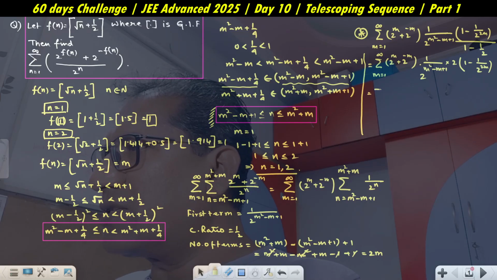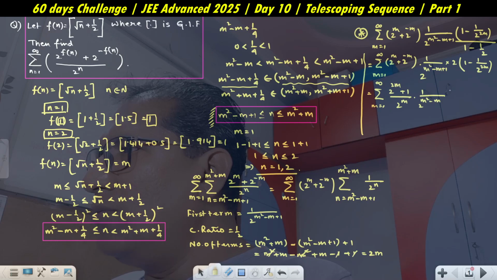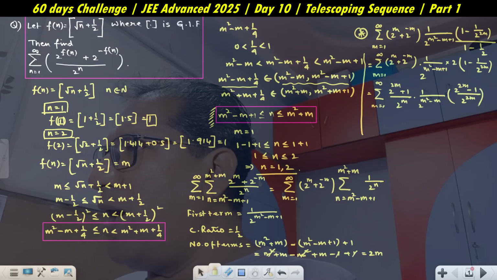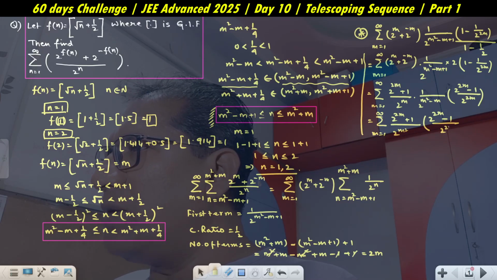So that gives us 2 to the power 2m plus 1 divided by 2 to the power m into 1 over 2 to the power m square minus m into 2 to the power 2m minus 1 divided by 2 to the power 2m. Okay? So now if I add, we are going to have m is 1 till infinity, 2 to the power 2m plus 1 divided by 2 to the power m square into 2 to the power 2m minus 1 divided by 2 to the power 2m.